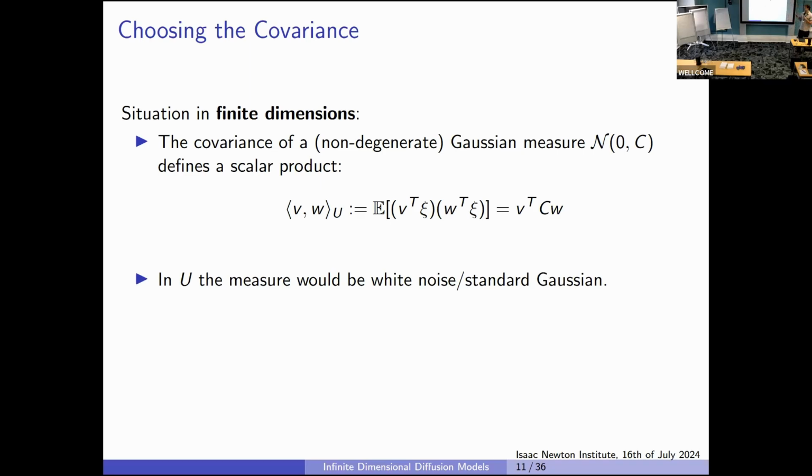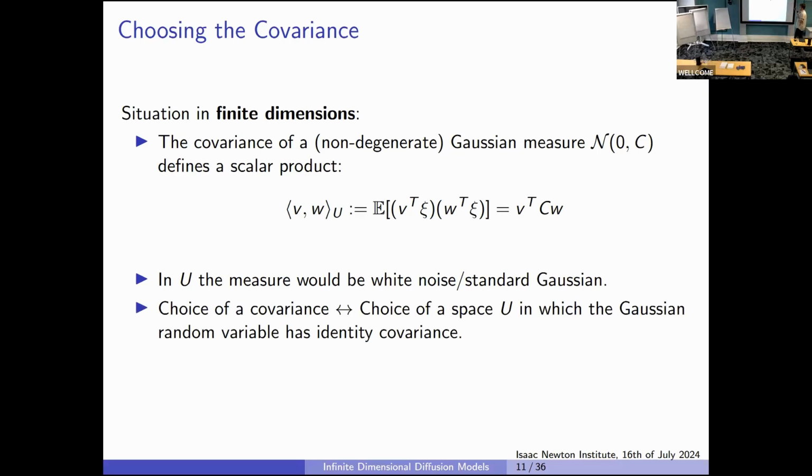So equivalently to saying I'm defining an inner product like this, okay, there's a mistake here. The inner product in U is defined with C to the -1. But basically, through getting a covariance matrix C, you can equivalently define some space with an inner product in which this Gaussian random variable would be IID, basically just standard normal.